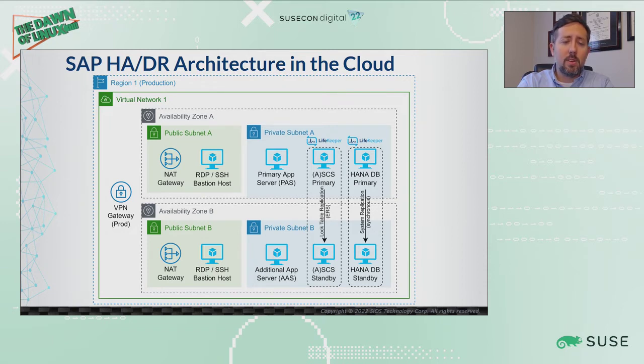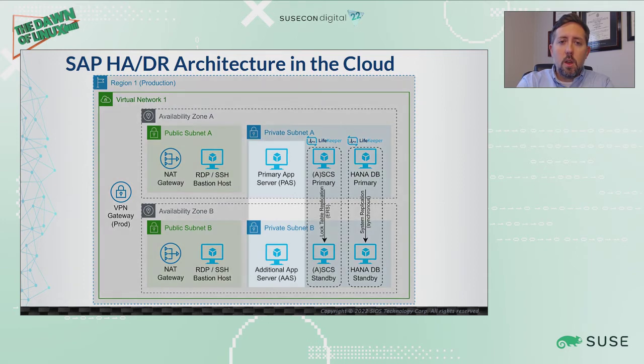On the left-hand side, you can see public subnets that I'm just using to have internet access, and they also host a jump box that I can use to access my virtual machines that are in the private subnet. But the private subnet is where all the interesting stuff is.